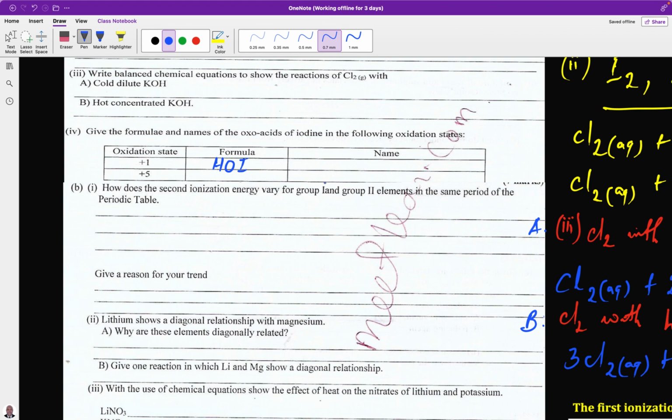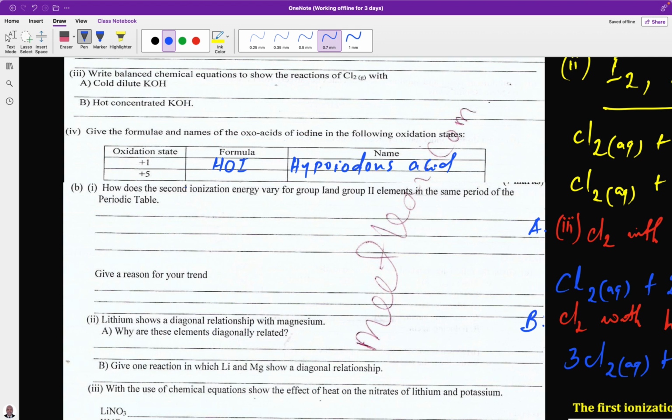And the name will be hypoiodous acid. If it was chlorine, we'll call it hypochlorous acid. If it is bromine, we'll call it hypobromous acid. Iodine, we'll call it hypoiodous acid.